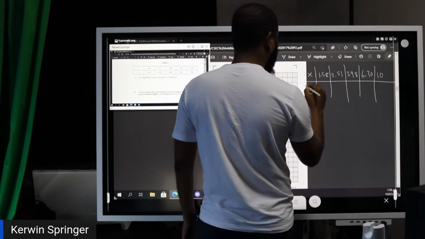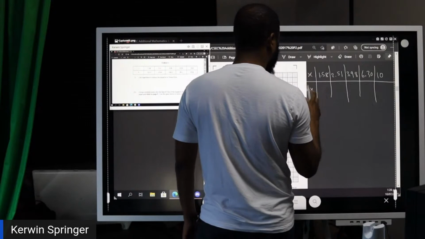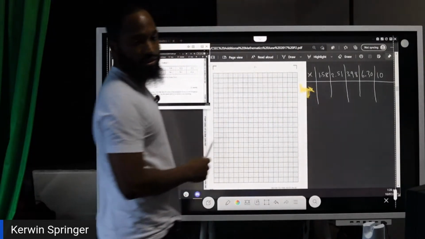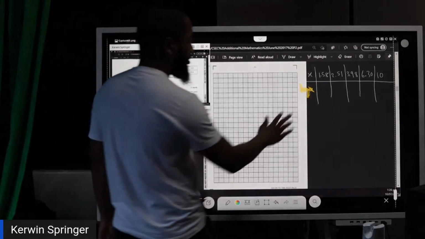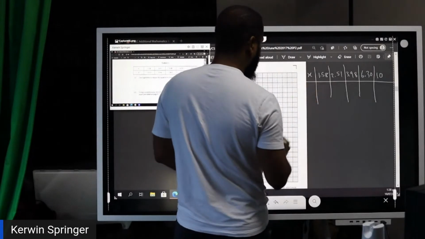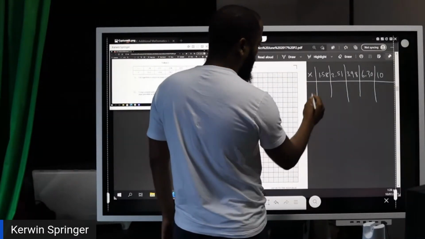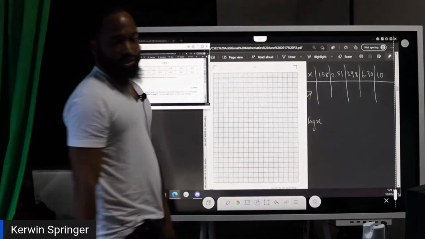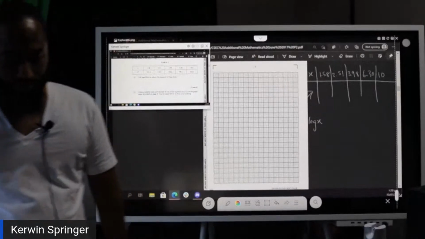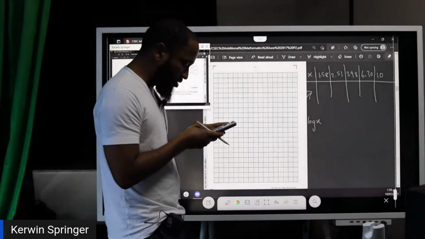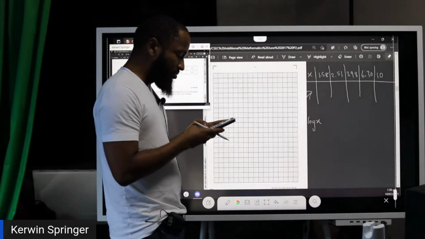Now I need to find log of X. So somebody could tell me the values for log of X, given those values, on the calculator. If we had log of 1.58, basically.